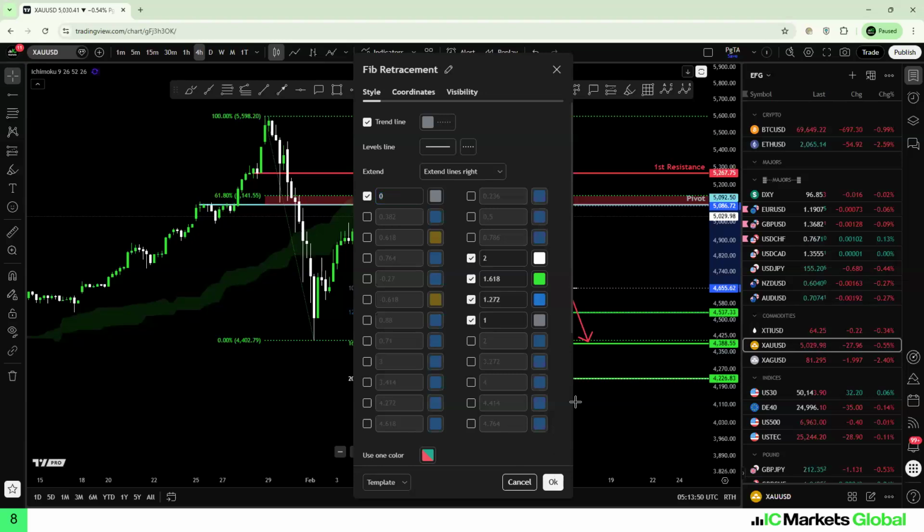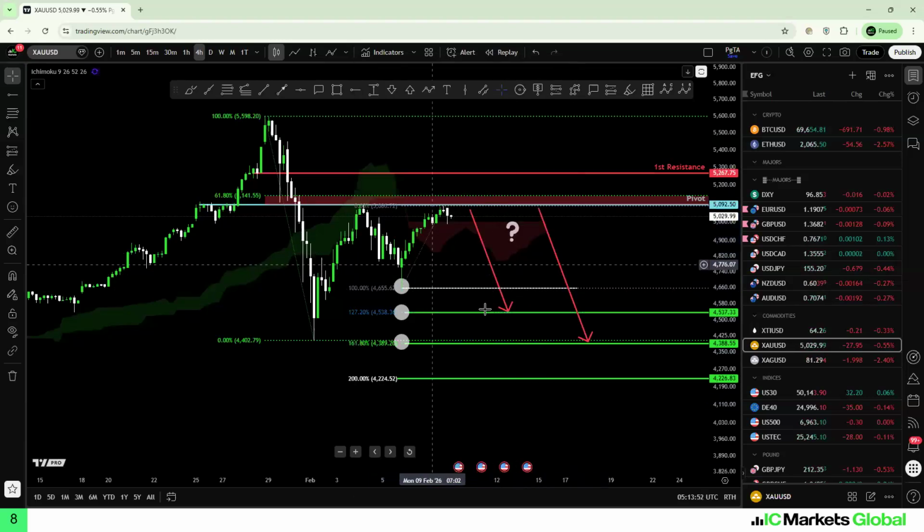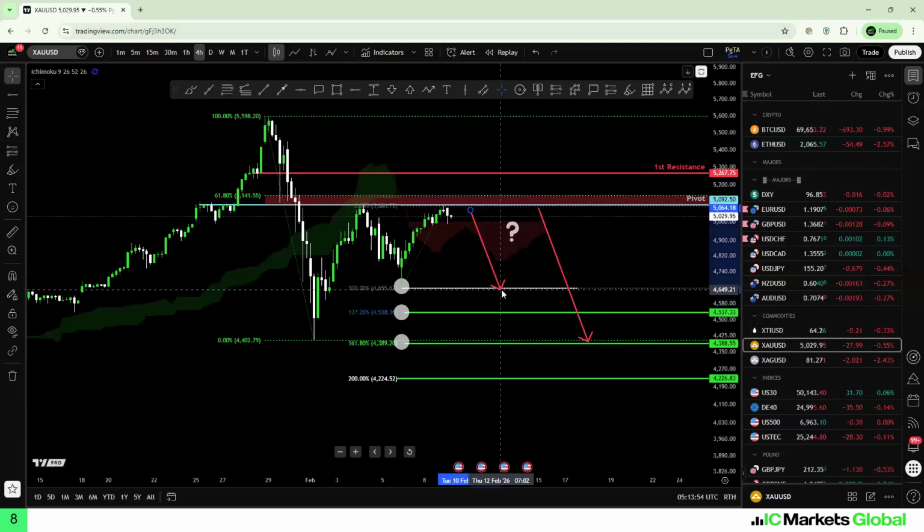Of course, for target one, we can just aim for the recent swing first. If price closes below, then we're going to use the Fibonacci extension.